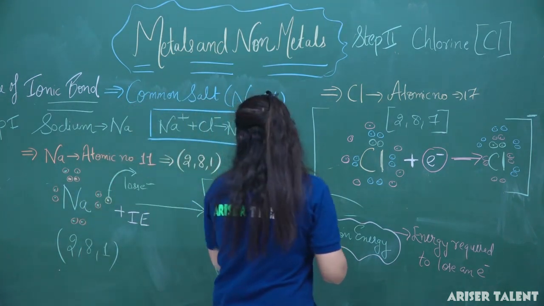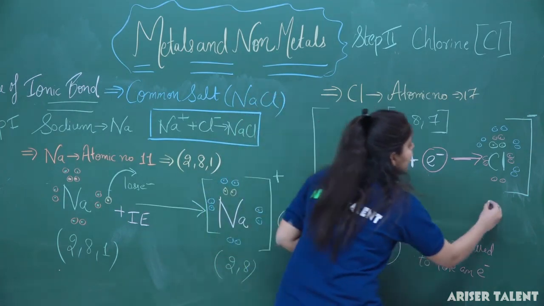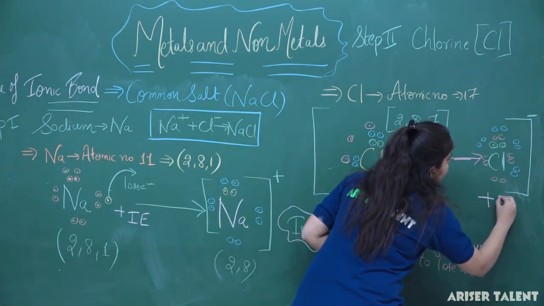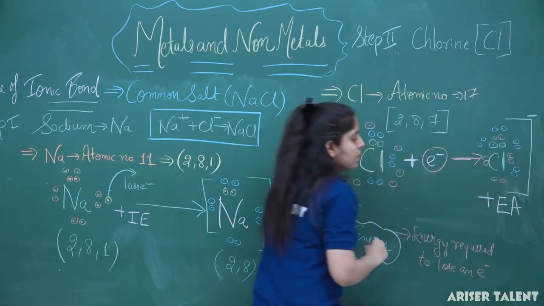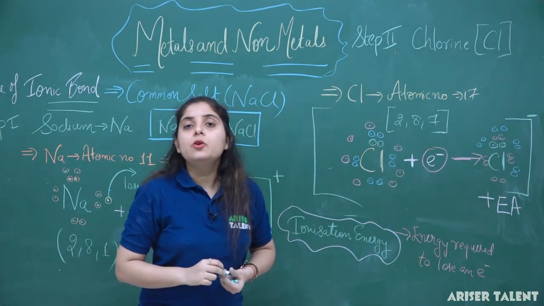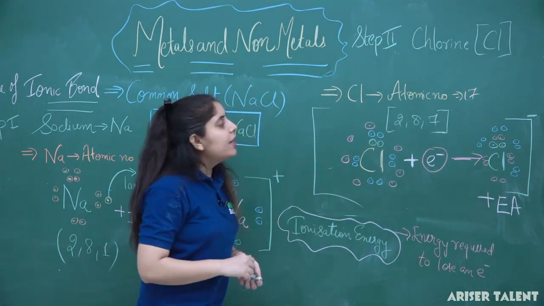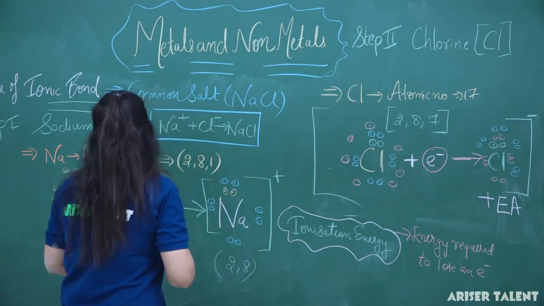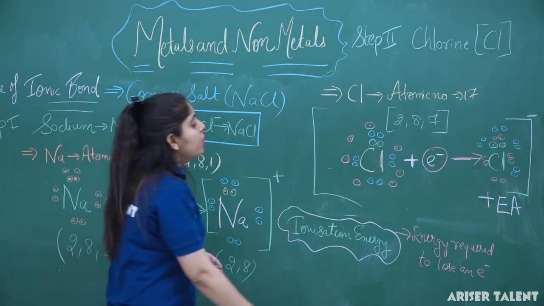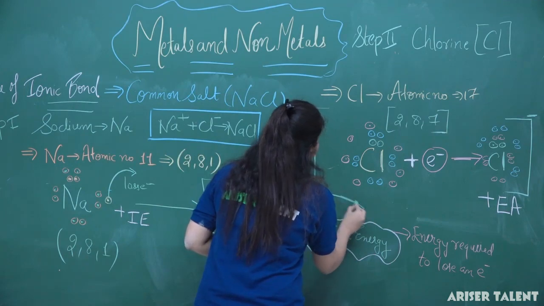So what is happening here? Here energy is required to gain an electron. So the energy required to gain an electron is termed electron affinity.